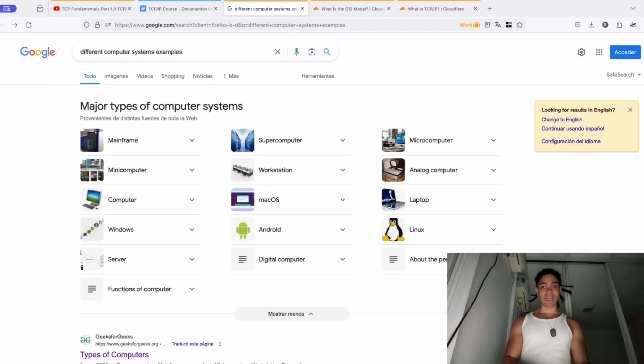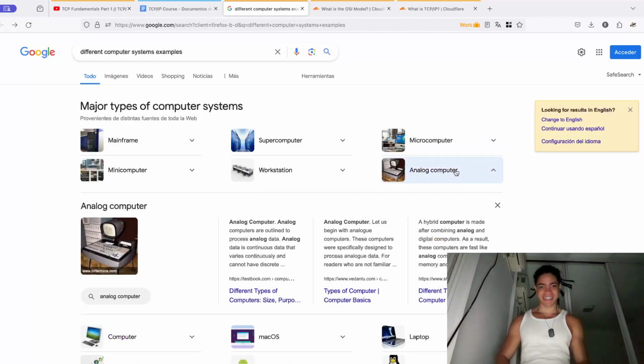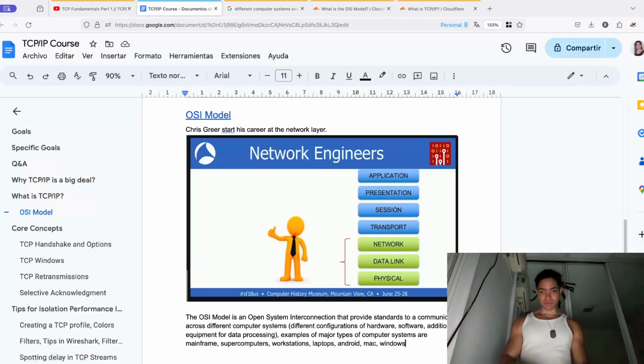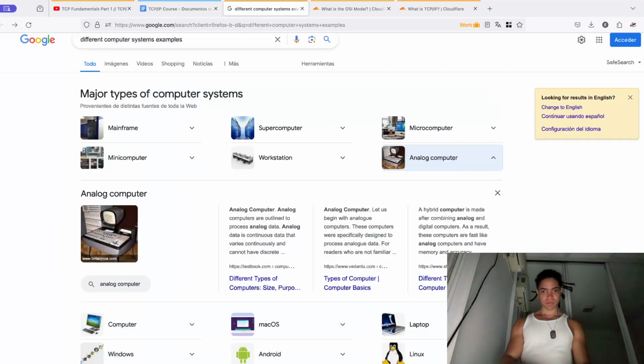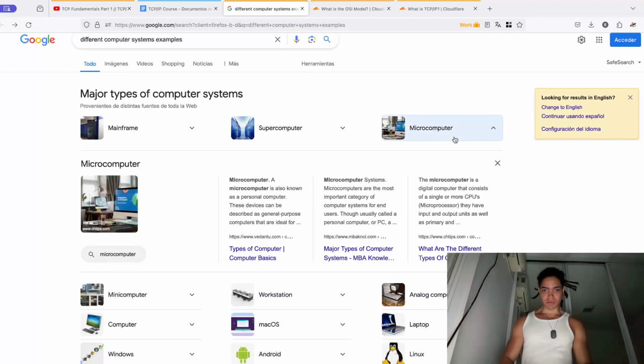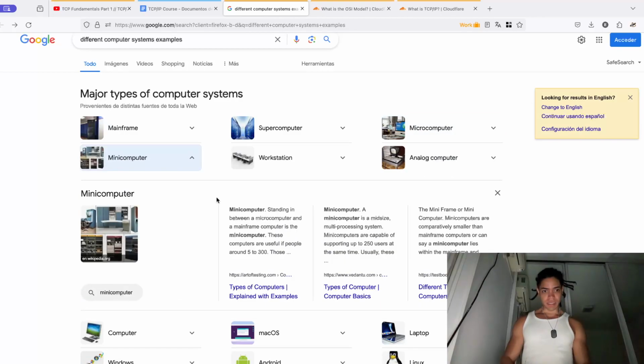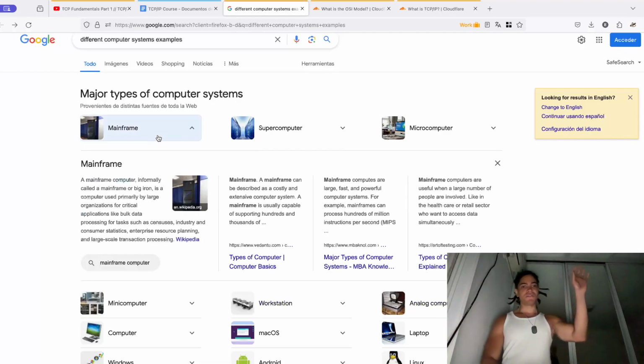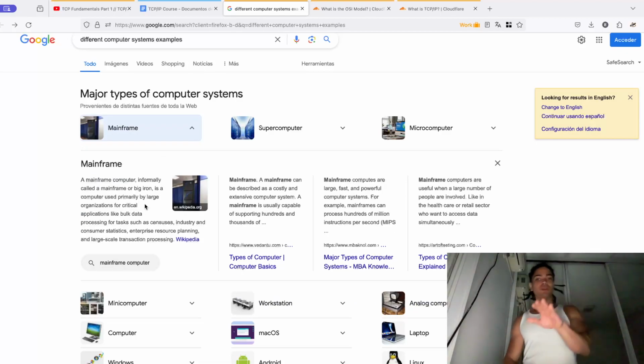You have also analog computers, microcomputers, mini computers. So you have mainframe, supercomputer, microcomputer, mini computers, workstations, analog.